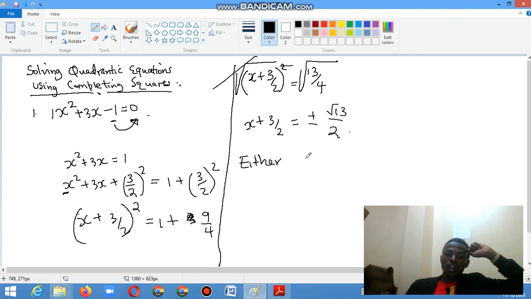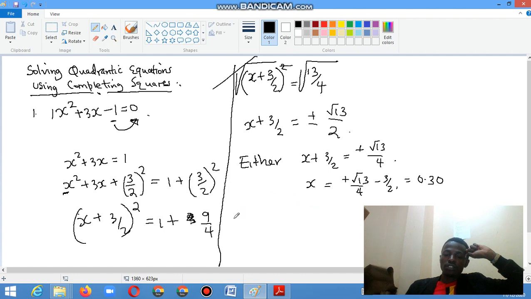Let's begin with the positive one: x plus 3 over 2 is equal to root 13 over 2. So x is equal to root 13 over 2 minus 3 over 2. Using your calculator, you will get something like 0.30. You can check.